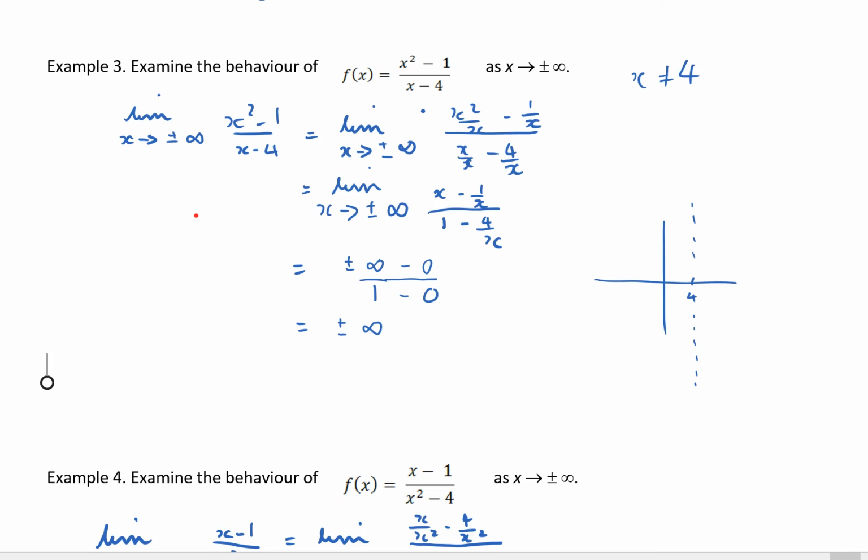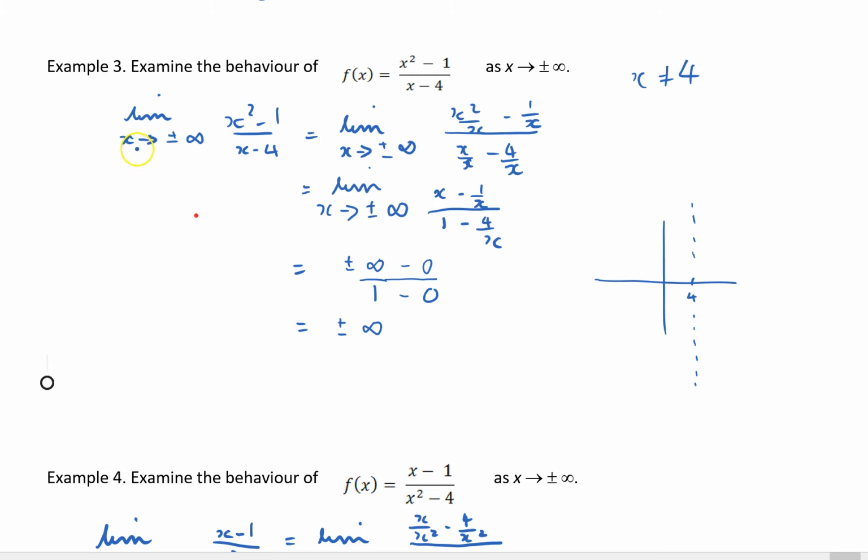Now this is just something I want you to keep in the back of your mind. Our little rule for investigating the behaviour of this graph as x approaches plus or minus infinity is to divide through by the highest power of x in the denominator, and that doesn't change, even though the highest power of x is actually in the numerator.